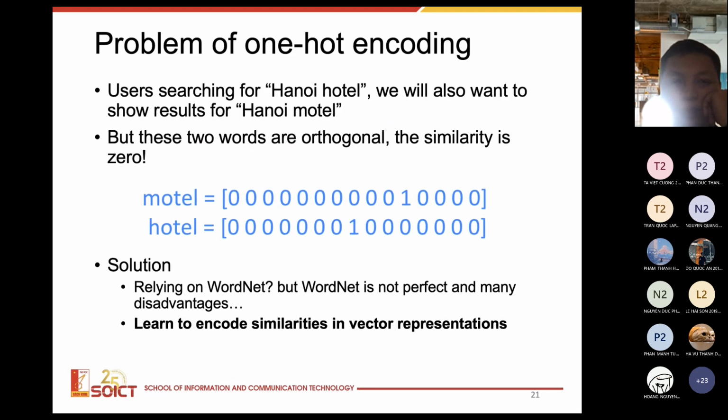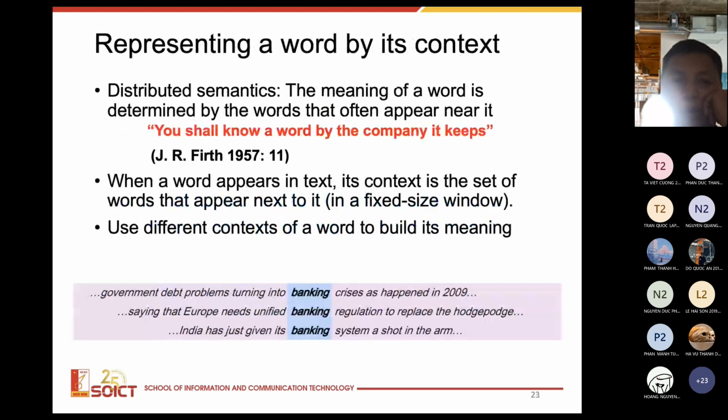Okay, so now we discuss a more popular way to represent a word. And in this approach, we represent a word by its context, right? Okay, so let's discuss the word context.